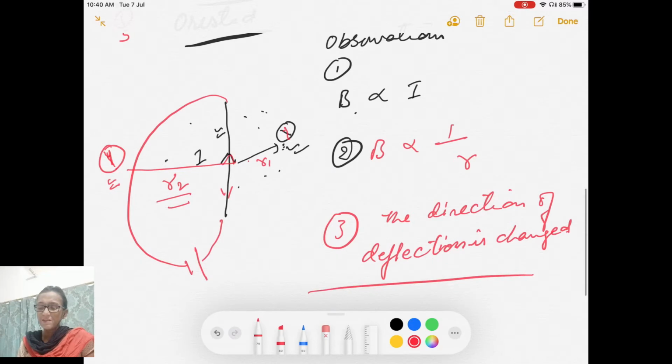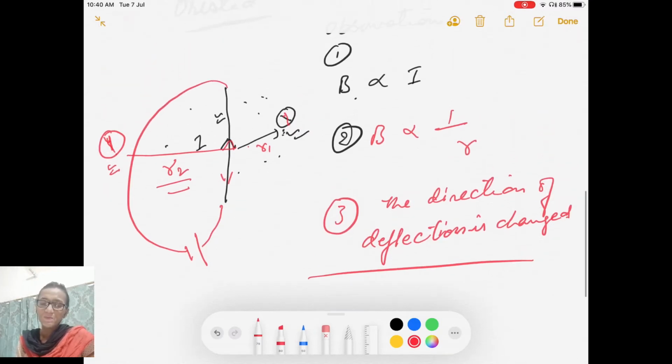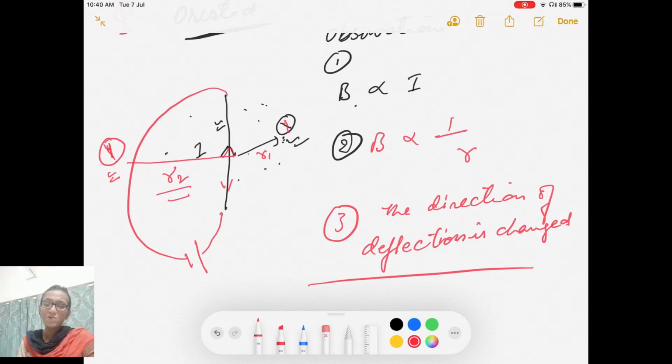Now on the basis of these observations, we have certain laws to indicate the direction of deflection and the direction of the field, because the direction in which the compass needle is pointing will be the direction of the field at this very point.